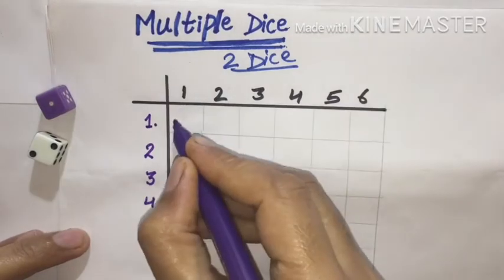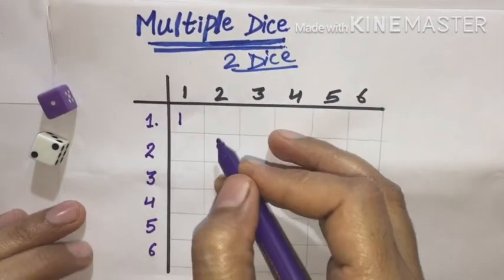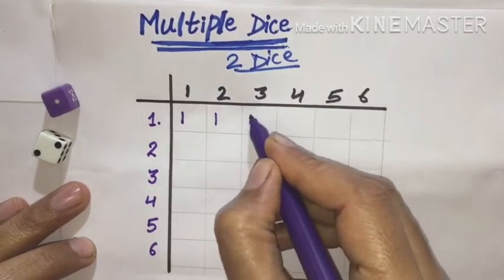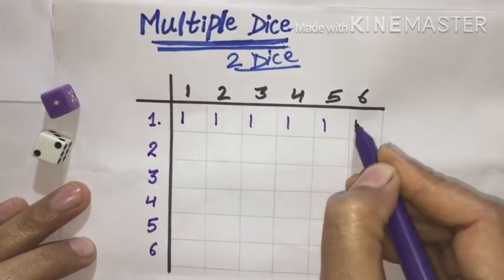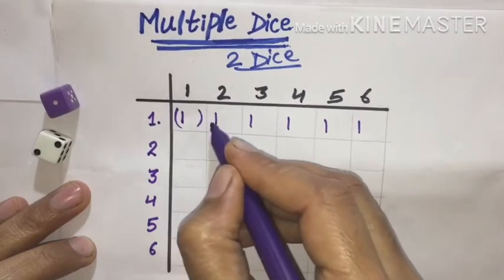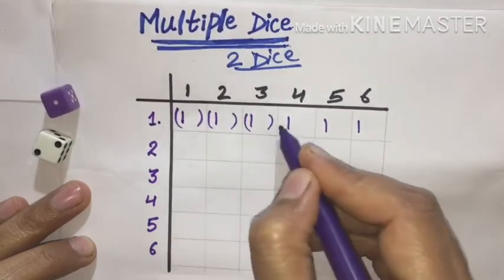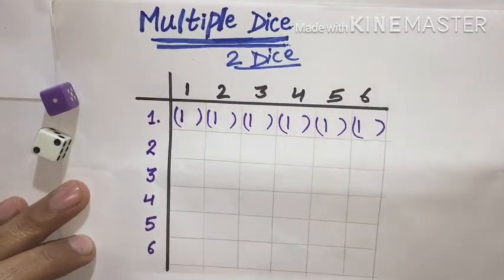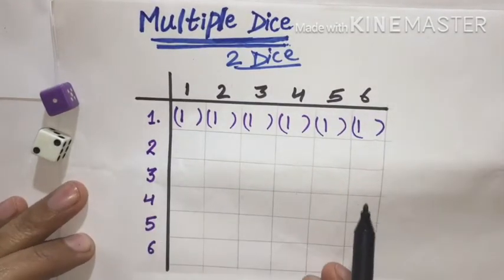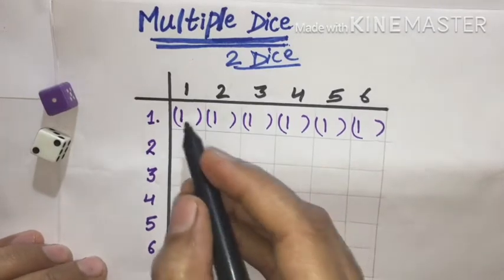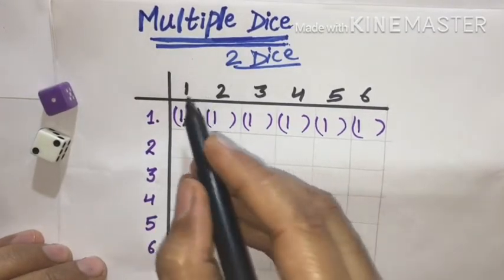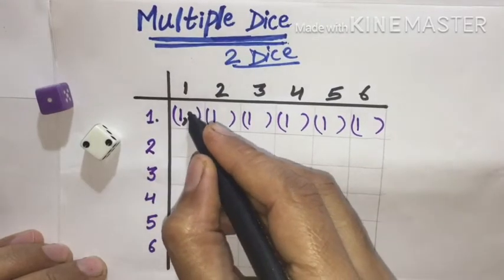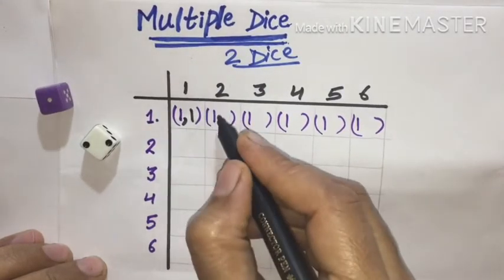So how will we write? First we will write 1. We are assuming that 1 will come on the purple dice, so 1 1 1 1 like this. This one is for the purple dice. So 6 cases are there because numbers up to 6 can come on each dice. And on the other dice, the white one, first we consider that 1 will come.